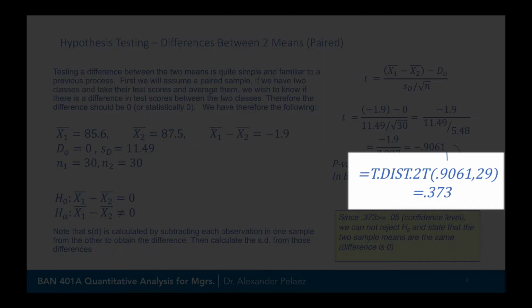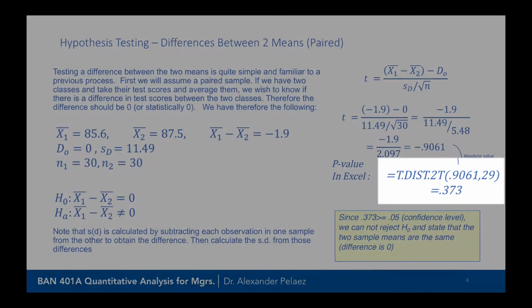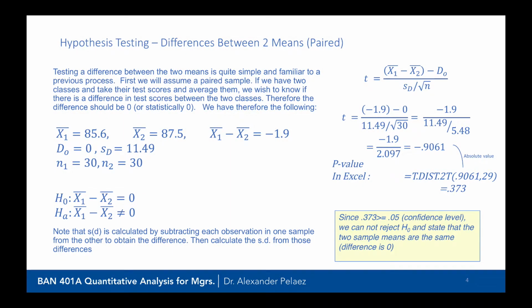Now, the other piece here is that the degrees of freedom is 29. And you might say, well, we have two samples, so therefore it's going to be n minus 2 degrees of freedom. Well, remember, we had talked a little bit earlier that to calculate the standard deviation, we just took the difference between the two samples and estimated the sample standard deviation from that. Well, that's one estimation, not two.